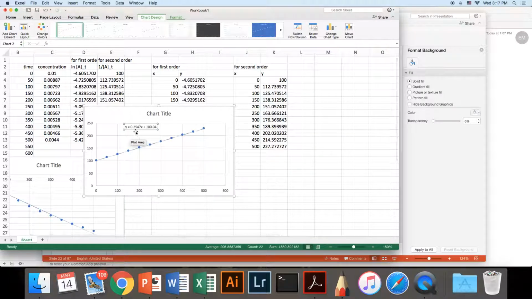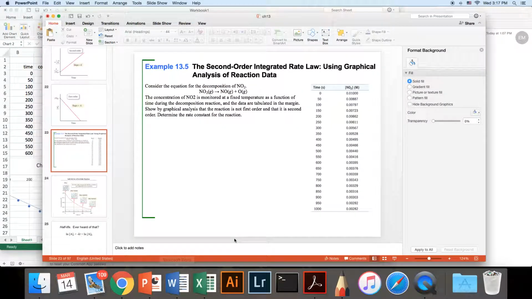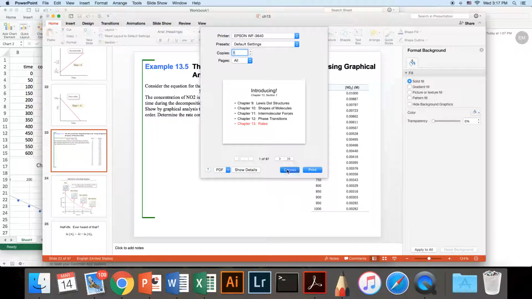All right, so anyway, the slope here says 0.2547. So let's go back to our PowerPoint, and we'll find that the slope, just a minute here. Oh, you know what? I'm not in presentation mode. Go back to presentation.